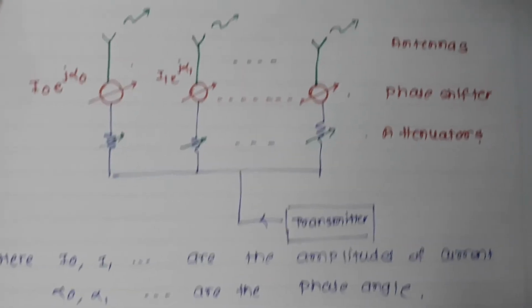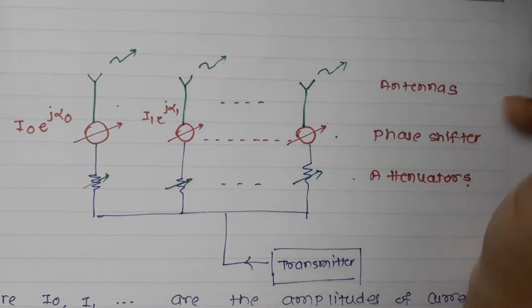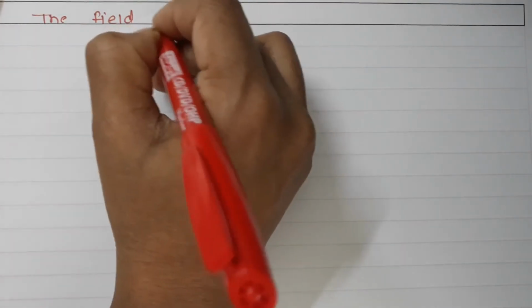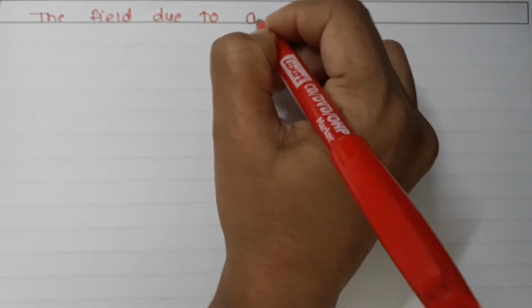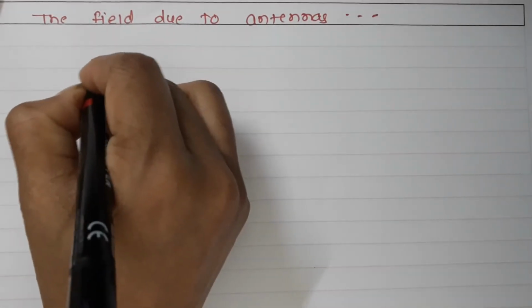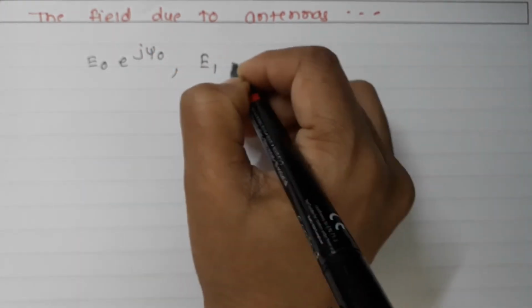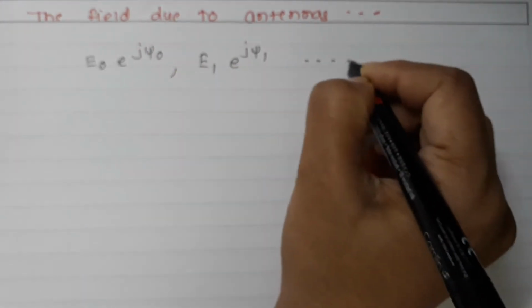Now we are assuming these are transmitting antennas, and our observation point is far away from these antennas. Now how are we going to express the field produced by these antennas? The field due to the antennas can be expressed as E0 e raised to j psi 0, E1 e raised to j psi 1, and so on.